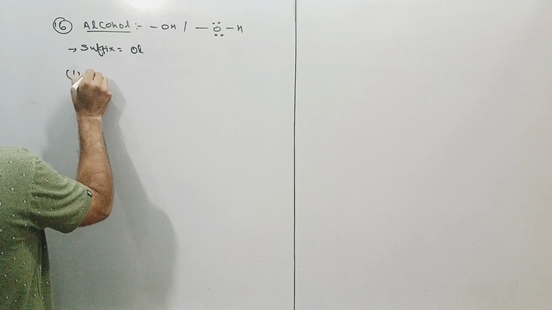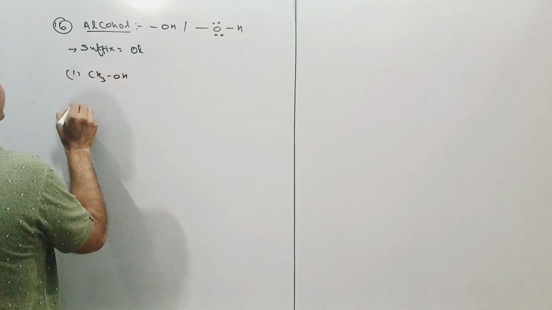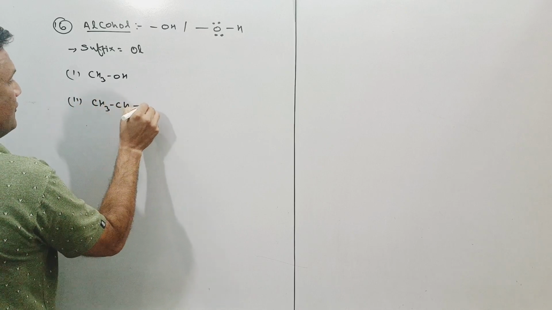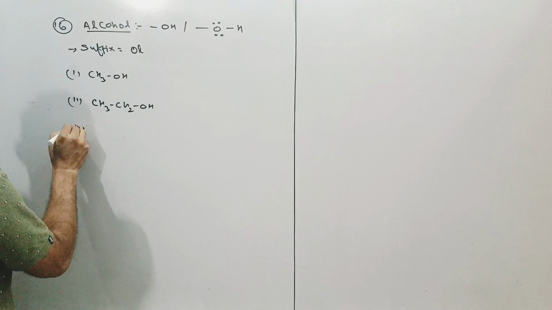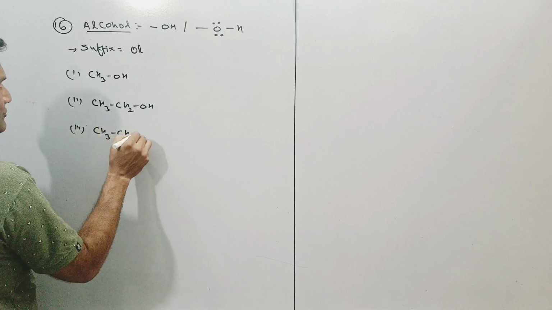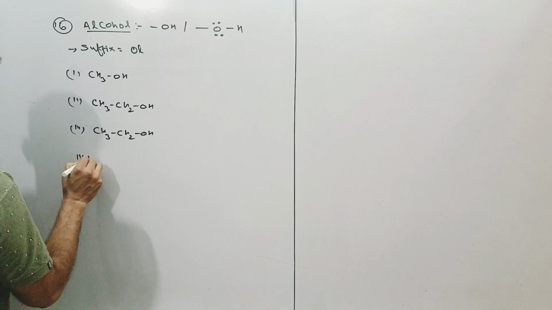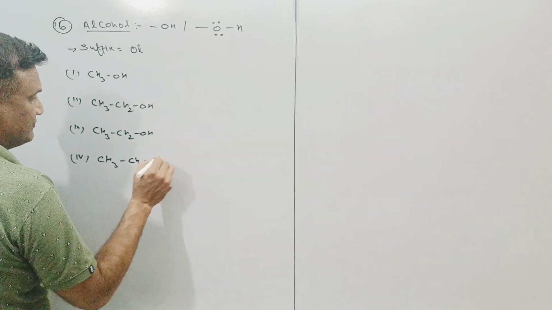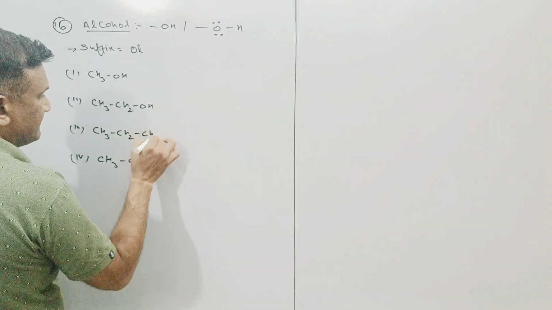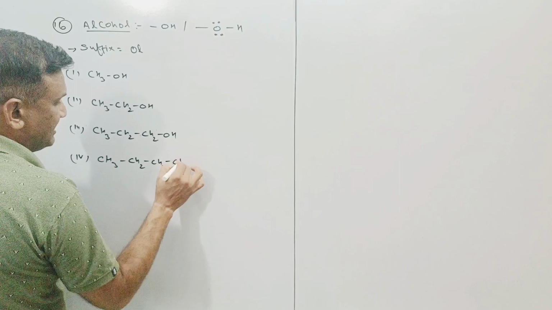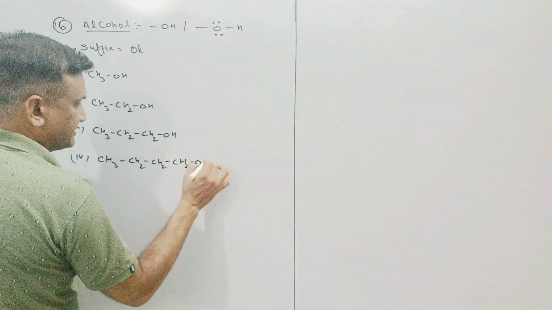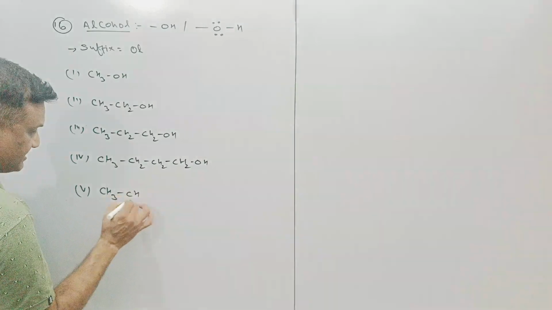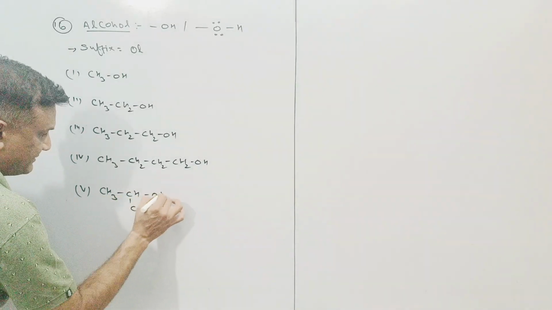If we go with alcohol, we can take a lot of practice. This is question number 1: CH3OH. Question number 2: CH3CH2OH. Next question: CH3CH2CH2OH. This may also be in the form of a branch, as follows: CH3 and OH.